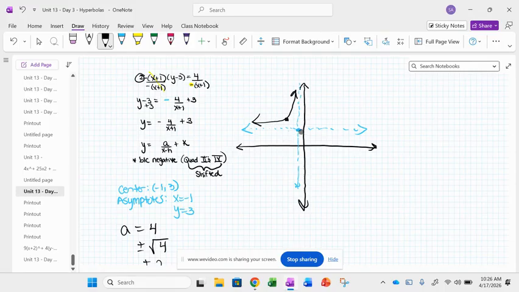And then from my center, I'm going to move 2 to the left and 2 down. So it looks something like that. So my vertices are going to be the points -3, 5, and is that 1, 1?